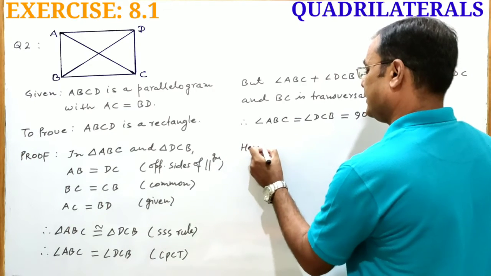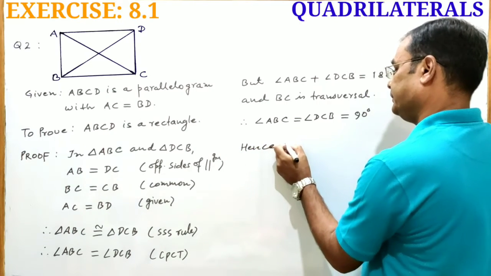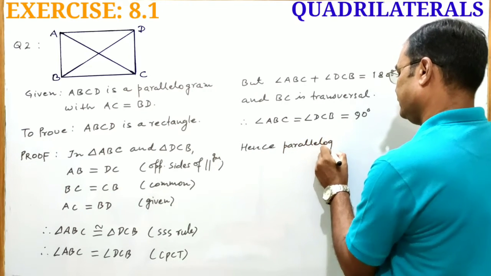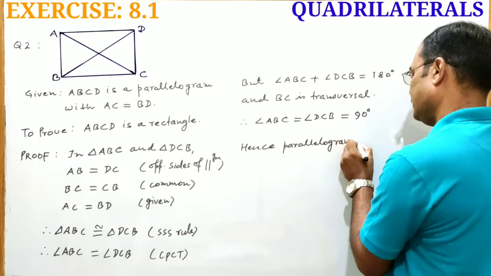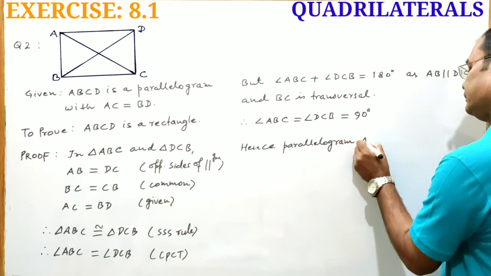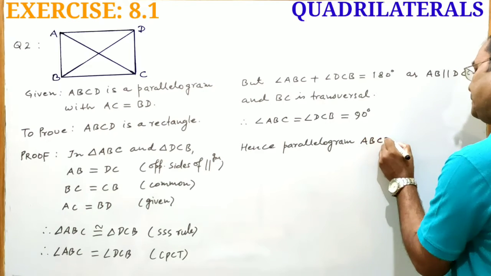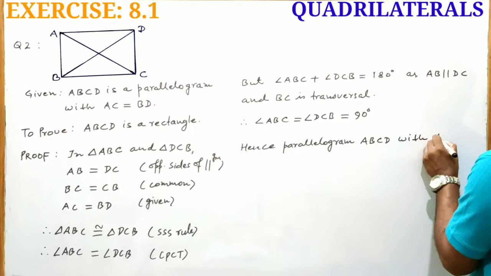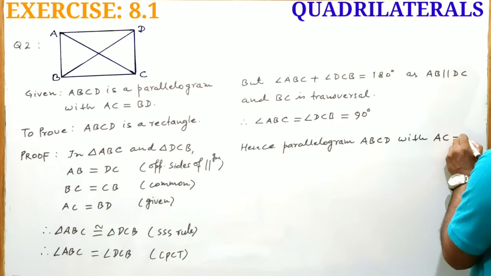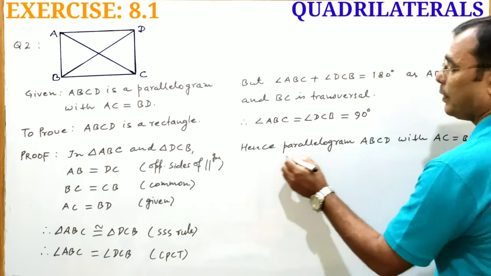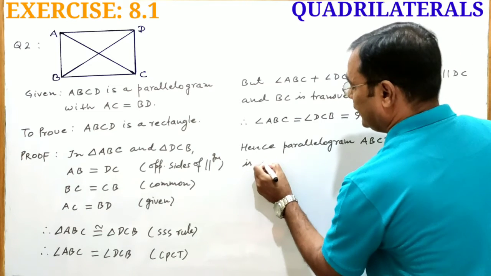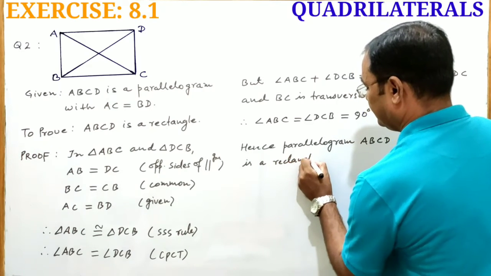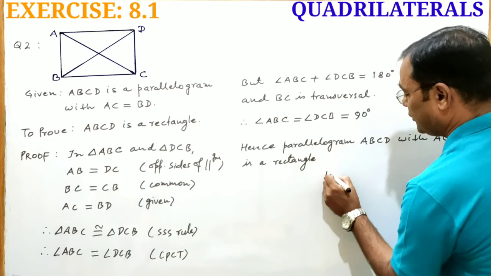Hence, parallelogram ABCD with equal diagonals AC and BD is a rectangle. Hence proved.